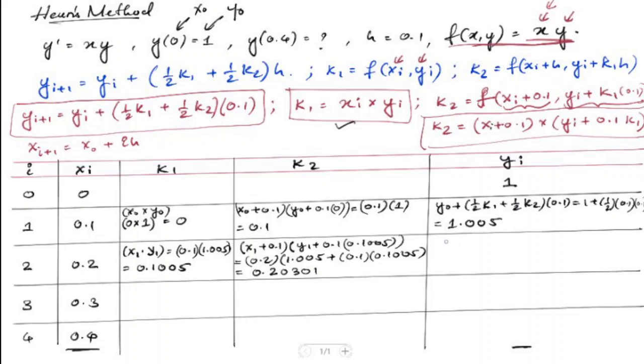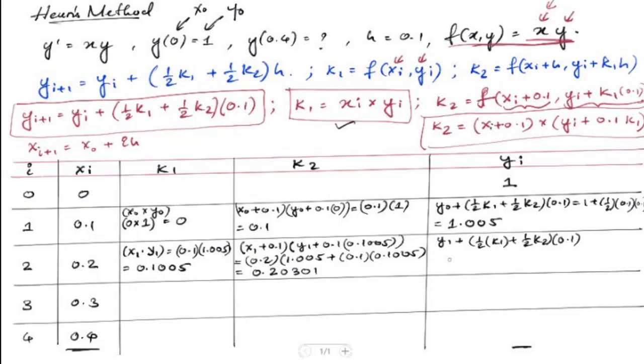Now to calculate the value for y2, we have y1 plus half times k1 plus half times k2, times 0.1.